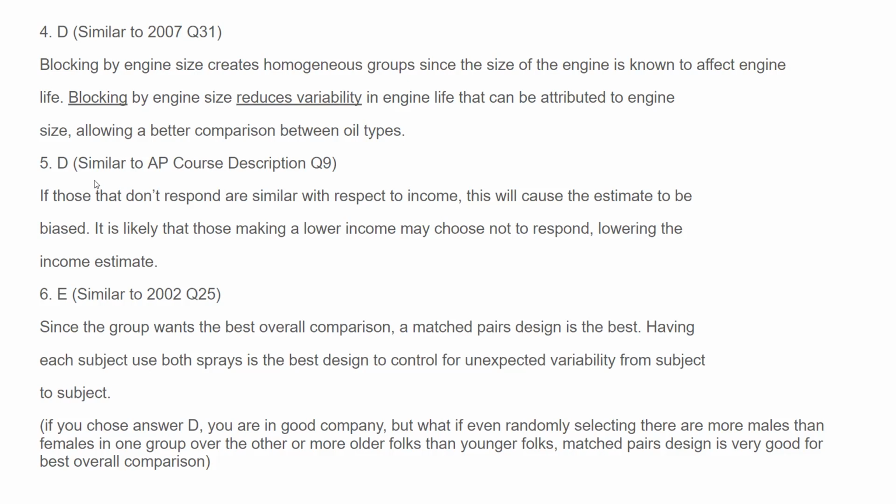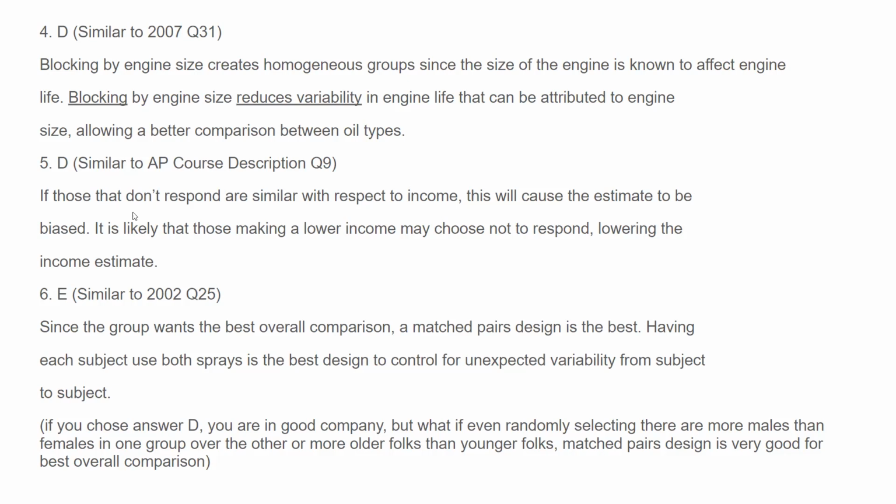Question number 5, D as in dog, is the answer there. Similar to an AP course description problem, not off an actual exam. If those that don't respond are similar with respect to income, this will cause the estimate to be biased. So we've got that non-response bias going on here.